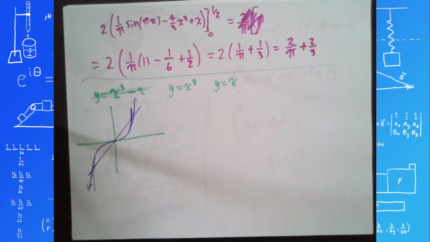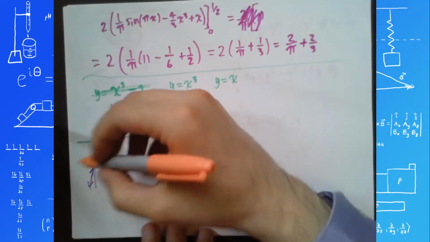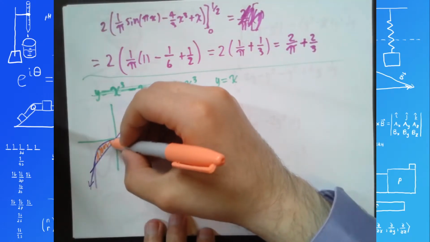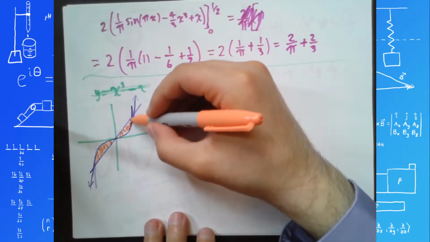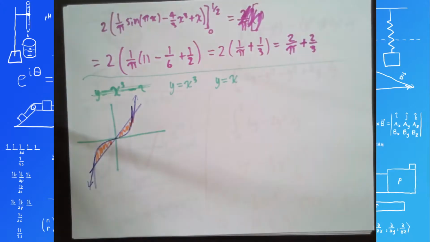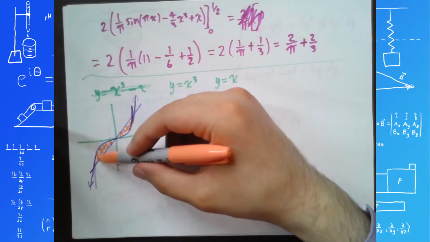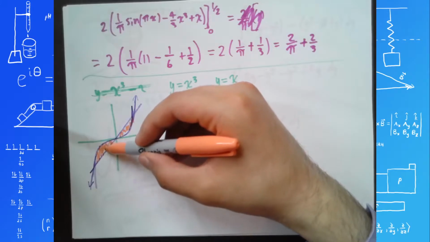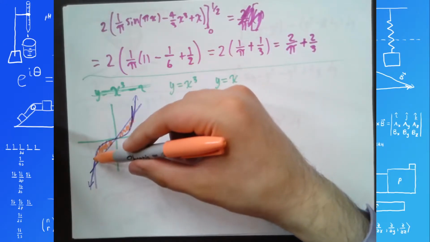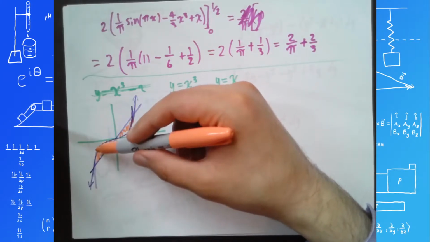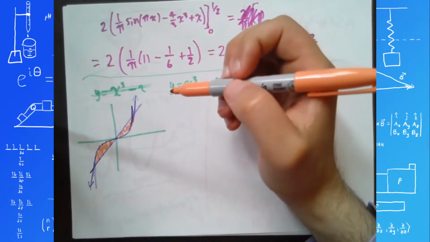Okay, so the area enclosed between these two curves, there's actually two areas. We've got one over here and one over here. So technically we have to split this up into two integrals. And it looks like we're going to integrate vertical strips. Well, actually it seems like it would be equally easy whether you did it vertically or horizontally.